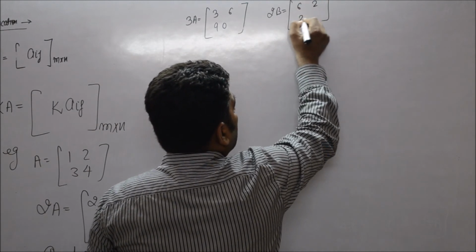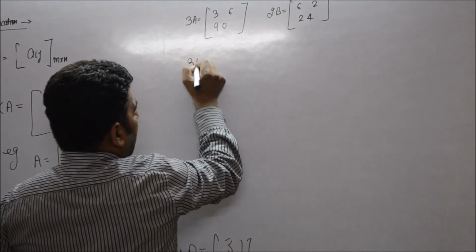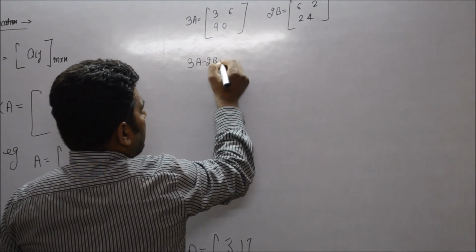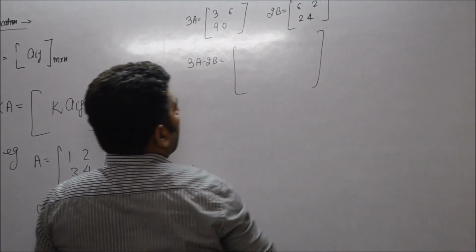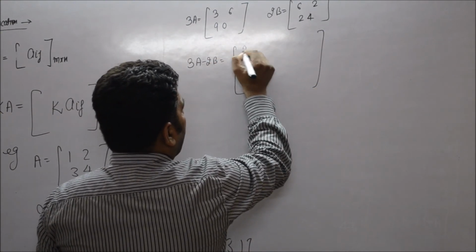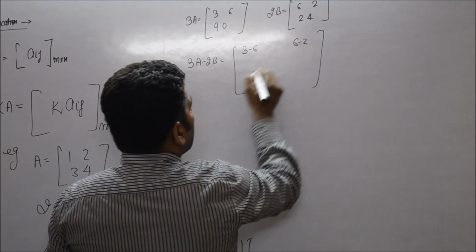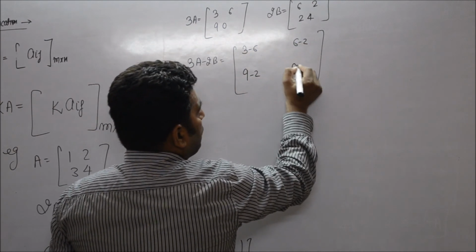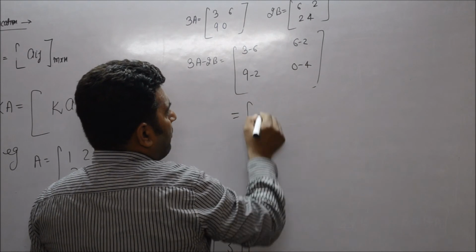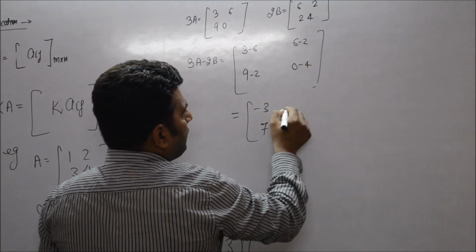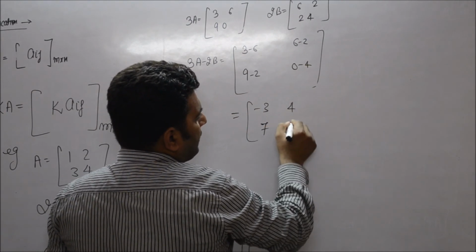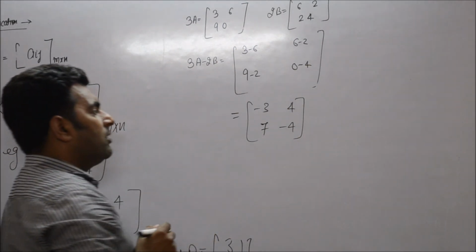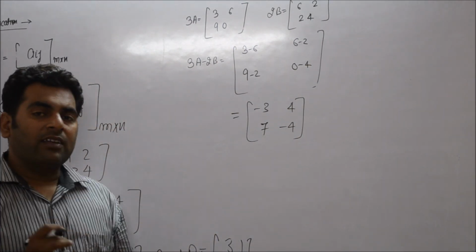And if I find 3A minus 2B, then of course you can subtract these two matrices which are of the same order. So it's 3 minus 6, 6 minus 2, 9 minus 2, 0 minus 4. So it is minus 3, it's 4, it's 7, it's minus 4. So this is the concept of scalar multiplication.